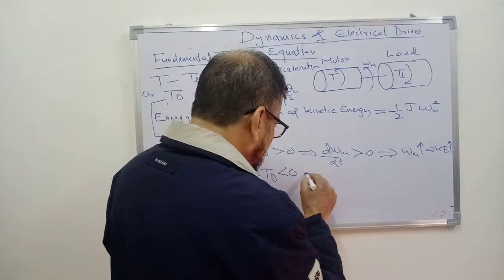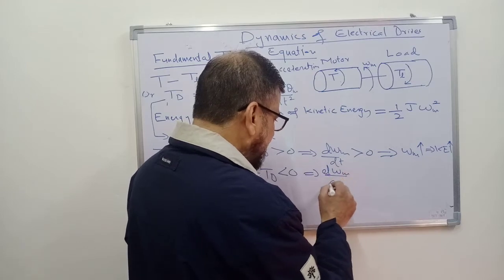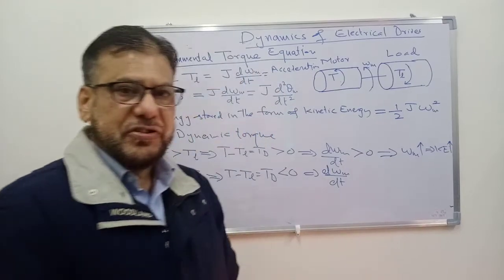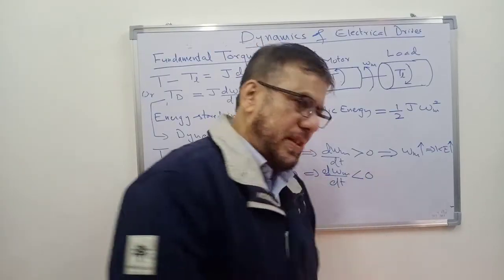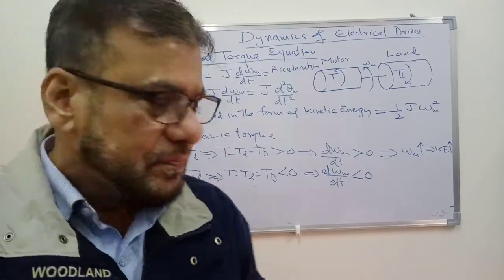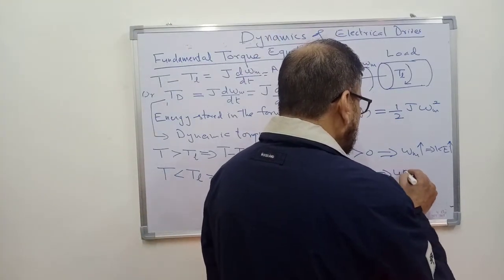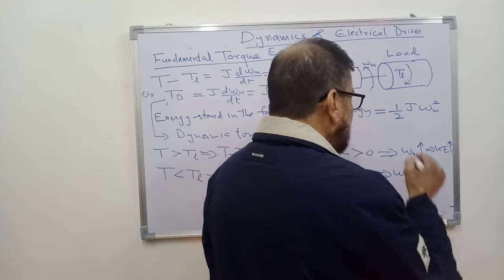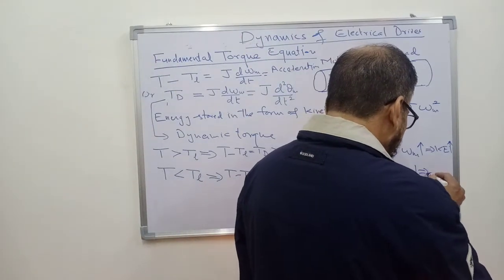In that case, you can say that d omega m over dt, that is the angular acceleration, will be negative. That is the motor retards. Speed of the motor will decrease, resulting in decrease in kinetic energy.